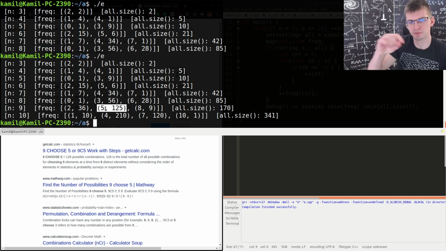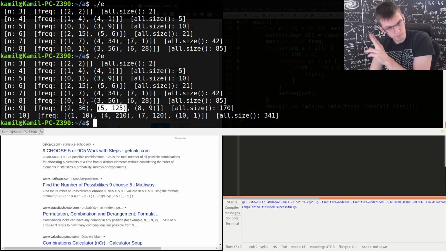Maybe just plus minus is bad. Okay, 8 choose 0 is 1, 8 choose 3, 8, 7, 6 divided by 6, 8 times 7, yeah, that's exactly this. 8 choose 6 is 8 choose 2, that's 8 times 7 divided by 2, 28.